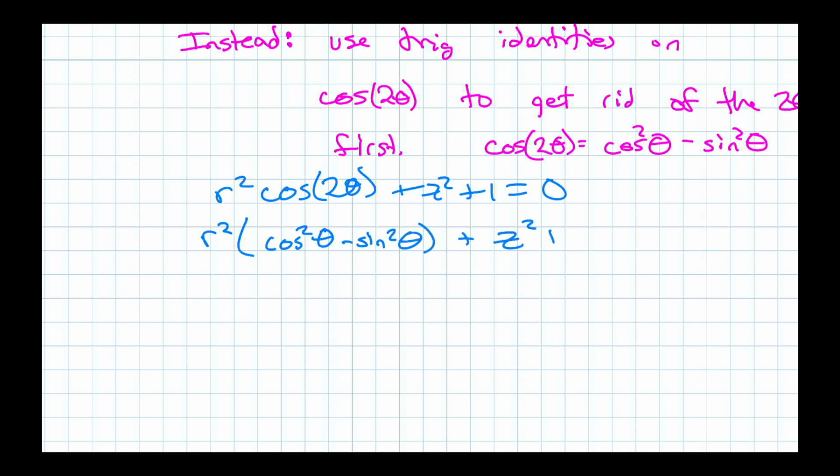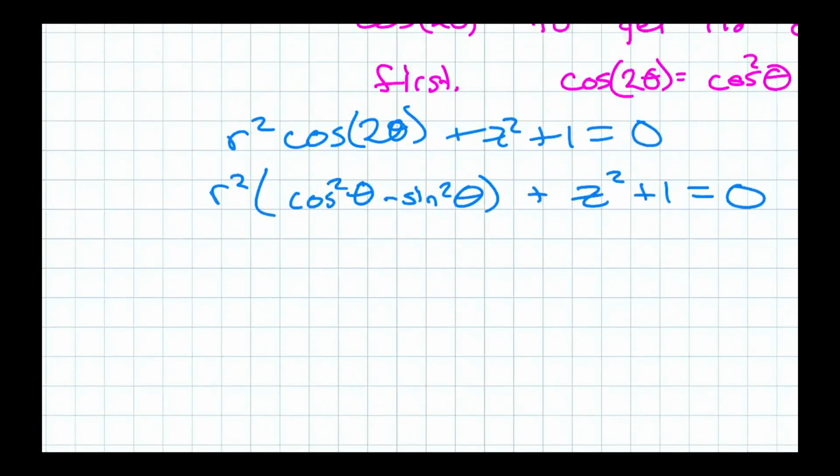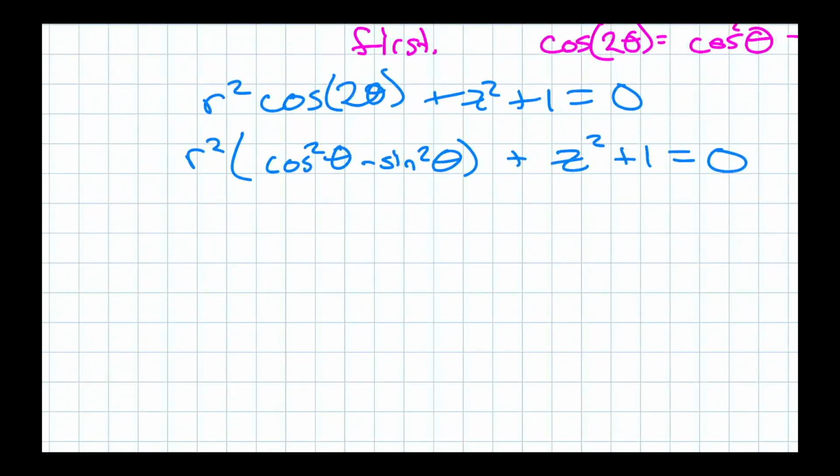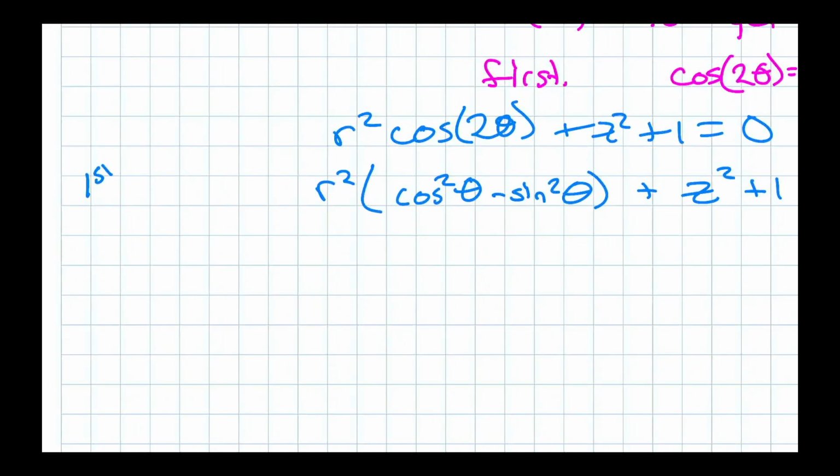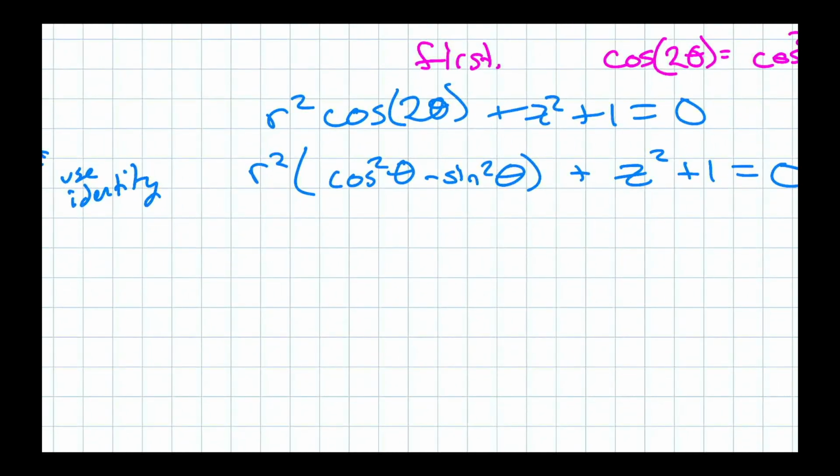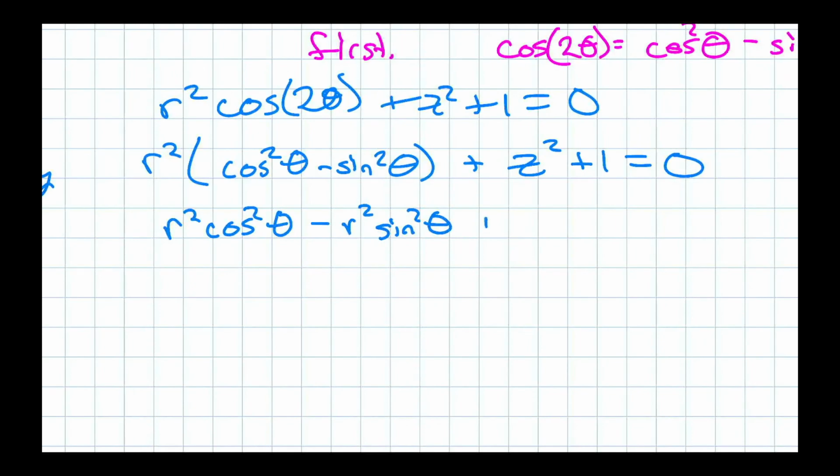Plus z squared plus 1 equals 0, like that. So I use the identity first. Then I can distribute this r squared: r squared cosine squared theta minus r squared sine squared theta plus z squared plus 1 equals 0.